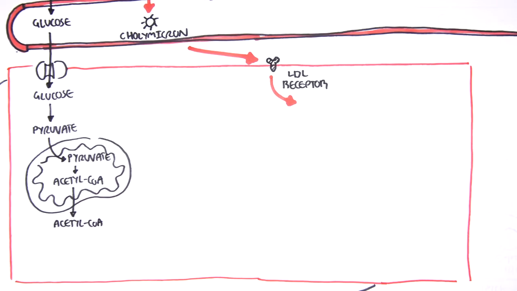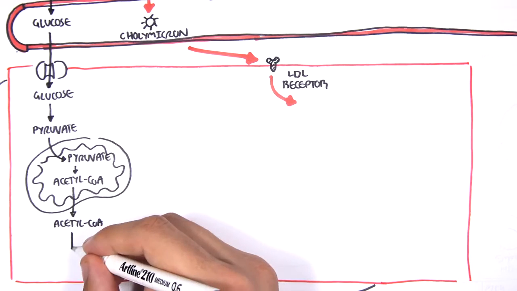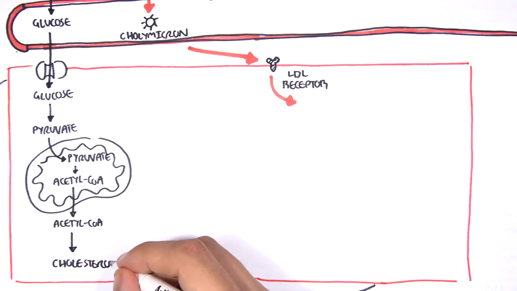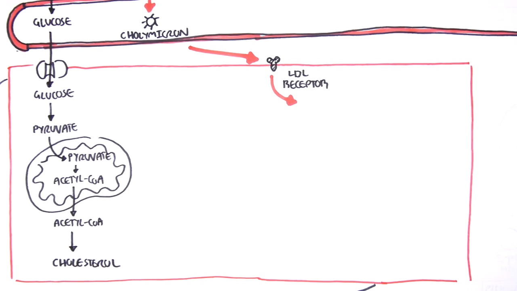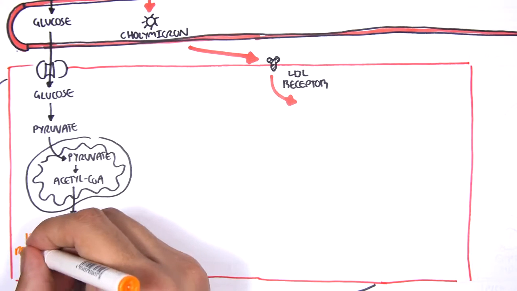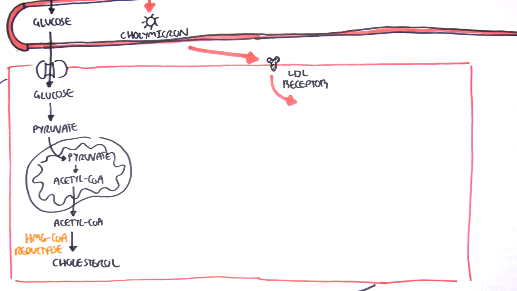Acyl-CoA can then get transported out of the mitochondria and can be eventually converted to cholesterol using an important enzyme called HMG-CoA reductase. Please know that we are missing many chemical reactions, but this is just a simple overview. So cholesterol is made through acyl-CoA. An important reaction step is with the enzyme HMG-CoA reductase.